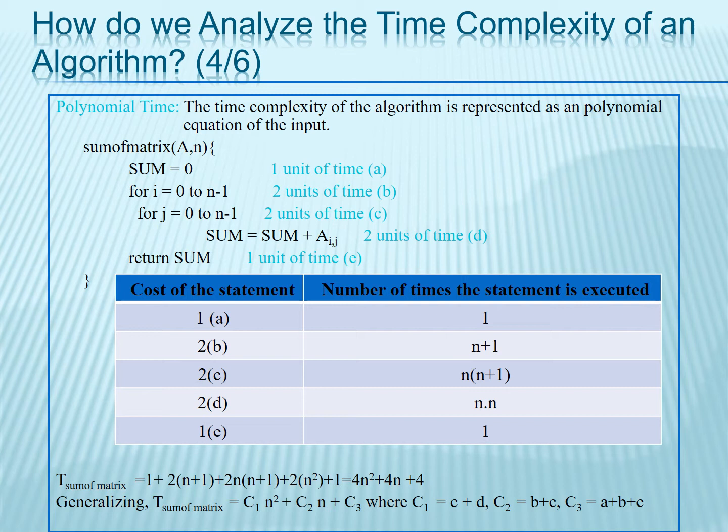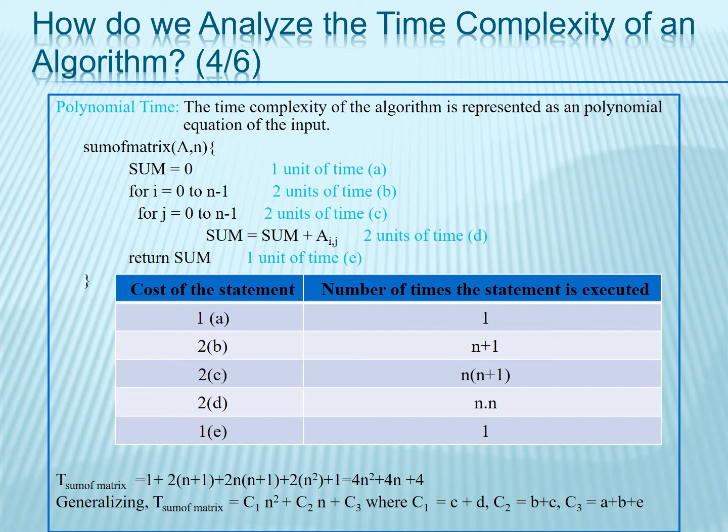The outer for loop has a cost of 2 and the number of times the statement is executed is n plus 1, very similar to our last example, for n true cases and 1 false case.